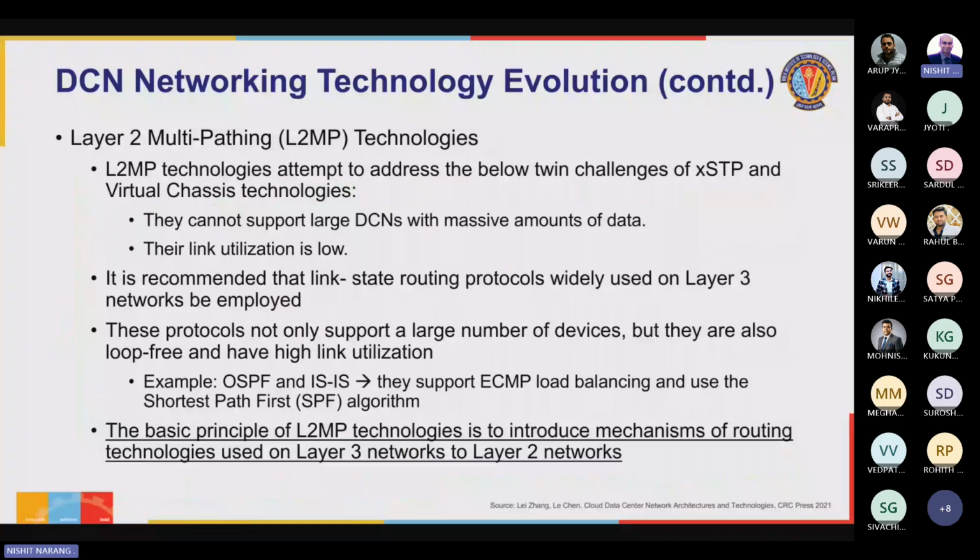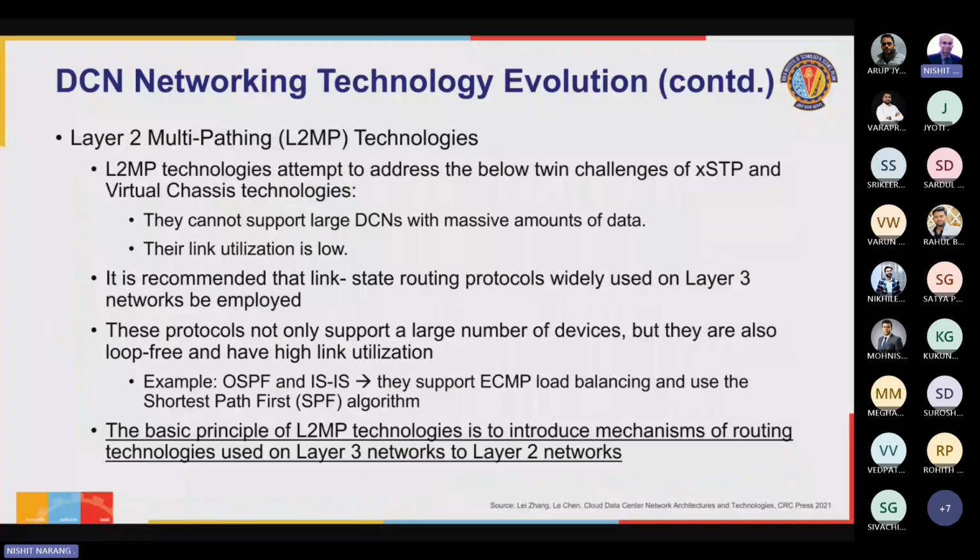And layer 3 networks, because they are larger networks, part of the wider area networks, part of the internet, can't use broadcast, so they use routing protocols. But if I'm facing the same challenge in my layer 2 network now, I don't want to use broadcast in my data center network because it's causing challenges.